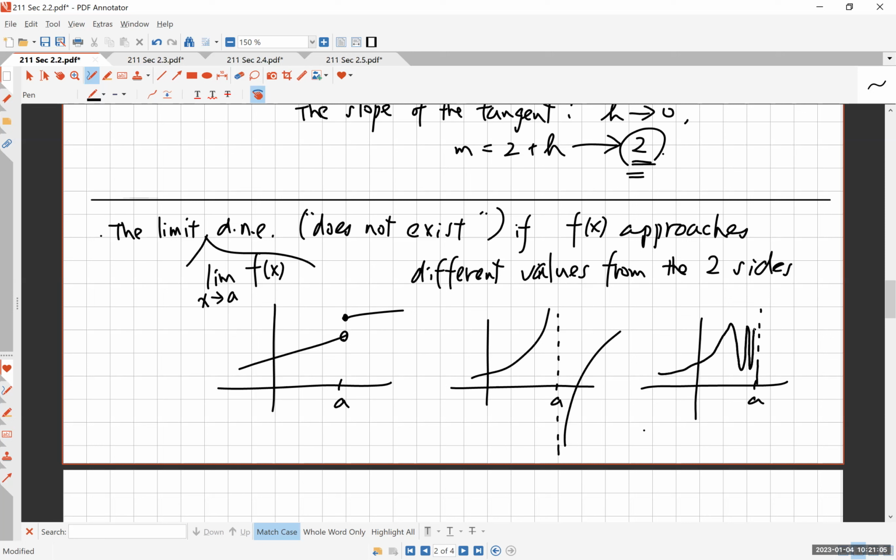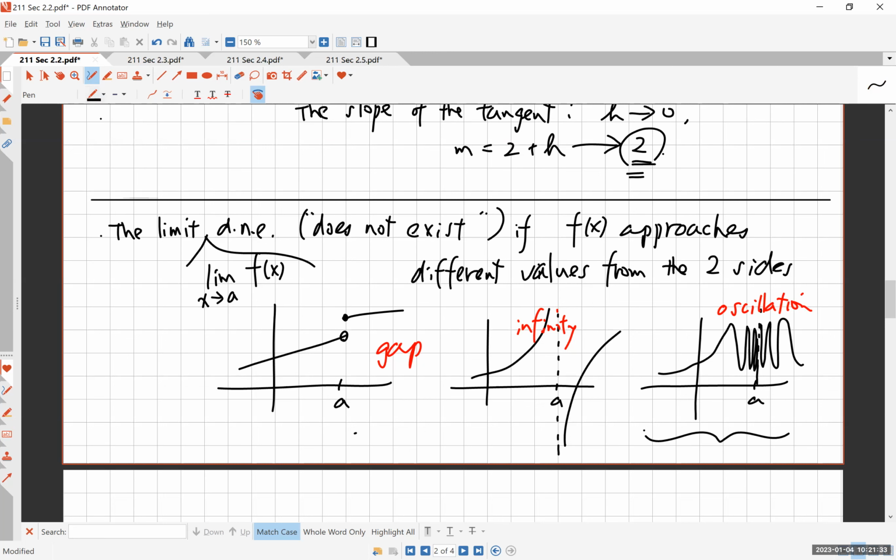It could oscillate up and down, up and down. This is really hard to imagine, so we will give you a specific example. But these are cases. Let's give names here: a gap, infinity, and oscillation, infinite, closer and closer oscillation.